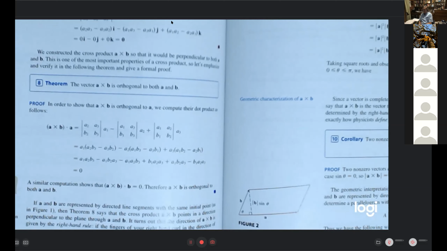Now, if you notice, we have that this thing turns out to be 0. When the dot product of two vectors is 0, the two vectors are at right angles to each other, or perpendicular, or orthogonal. So the way he proves this is to take the dot product of these two things, and that's how he gets this.